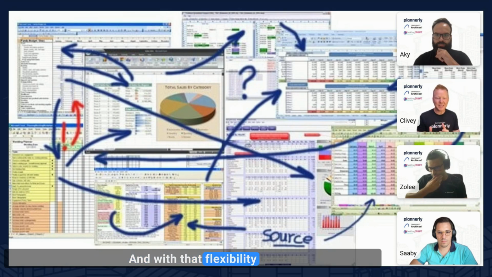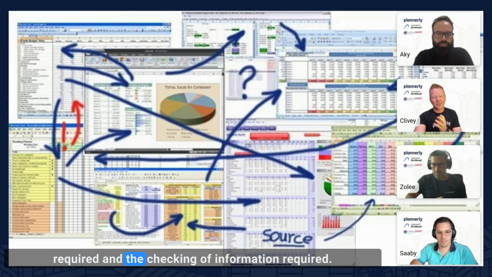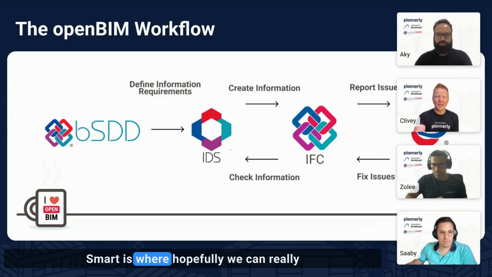And with that flexibility creates confusion and misinterpretation. And unfortunately, a lot of challenges when going through that use of the information required and the checking of information required.